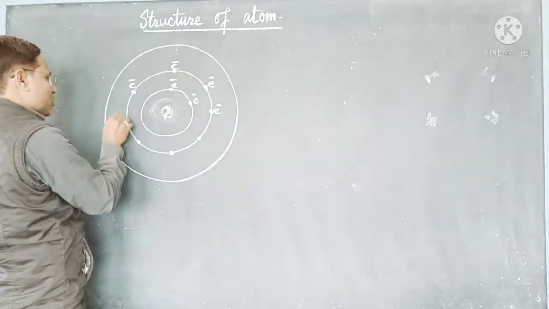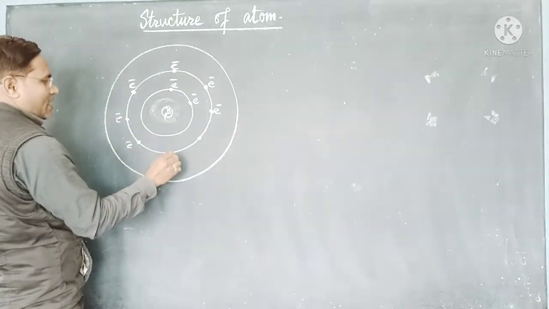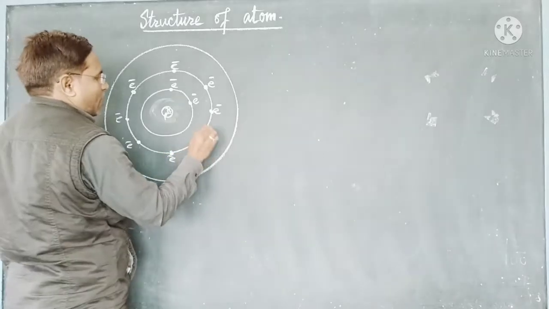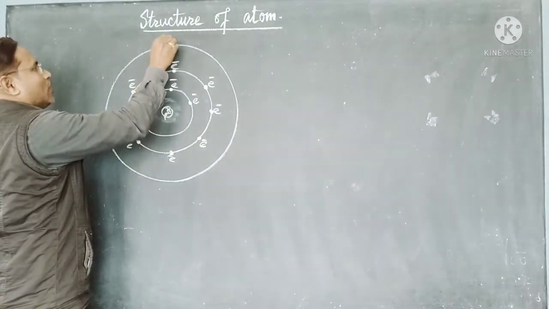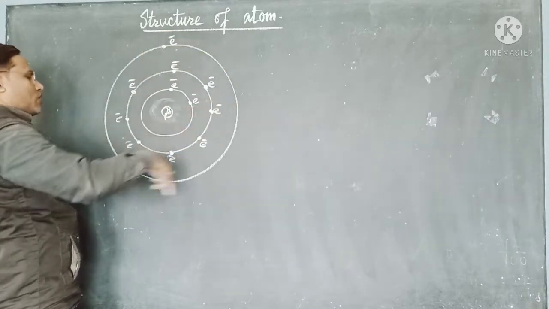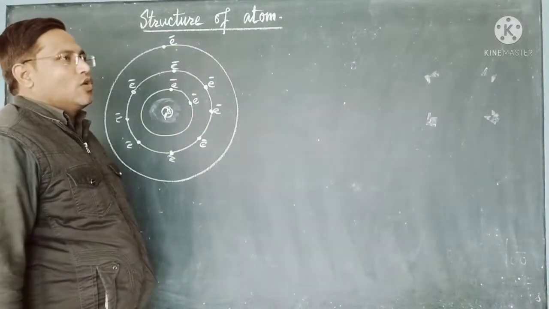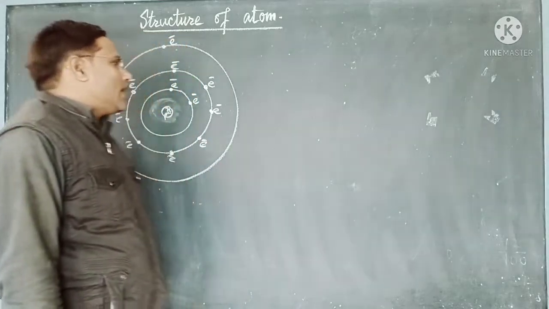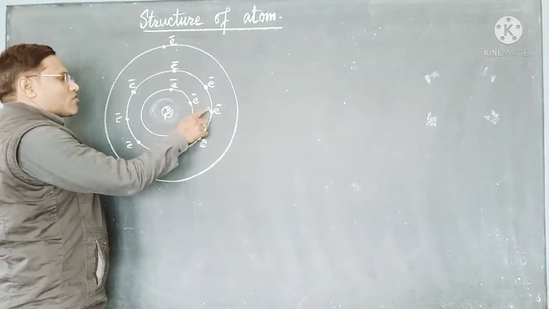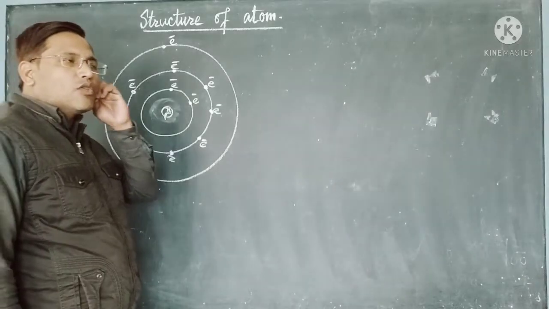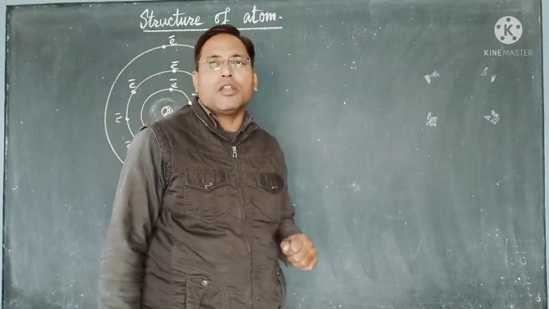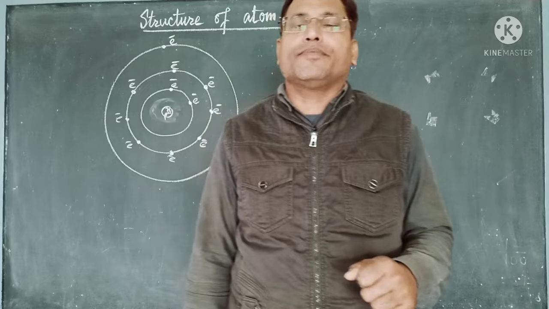So we see that an atom consists of electron, proton and neutron. Proton and neutron are found in the nucleus of an atom.